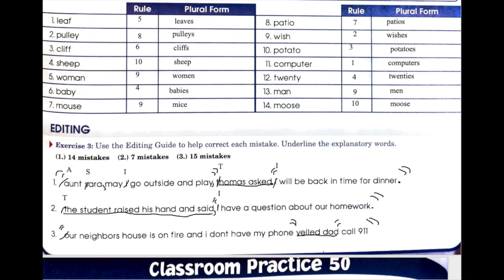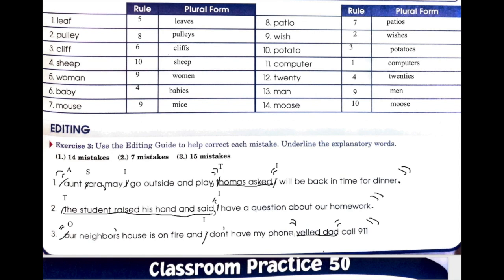Let's capitalize the first word of the sentence, also the first word of the quotation. Our neighbor's house. Neighbor's is possessive. We need an apostrophe. Our neighbor's house is on fire. And I, capitalize I. Don't is a contraction. We need to put an apostrophe in there. I don't have my phone.